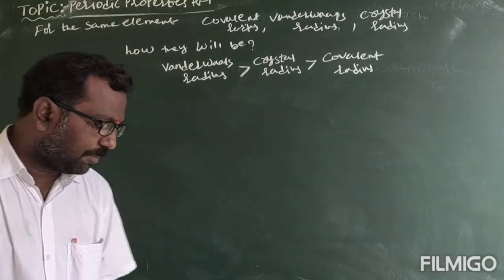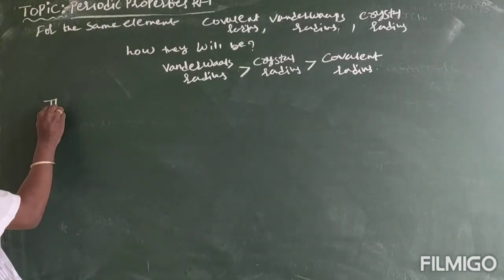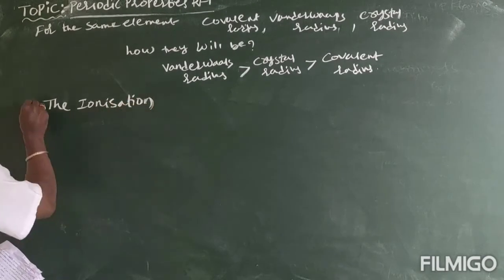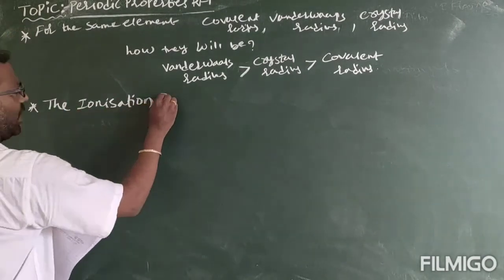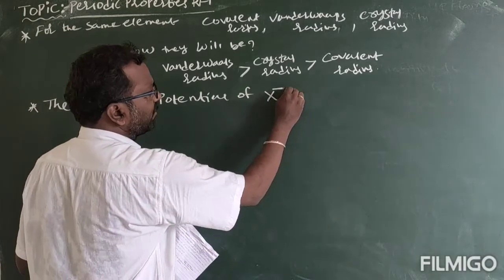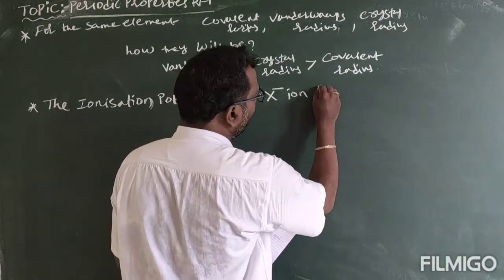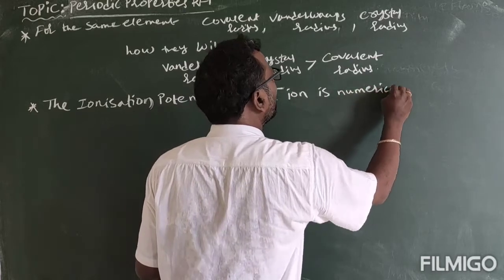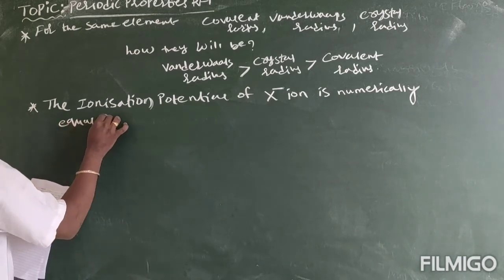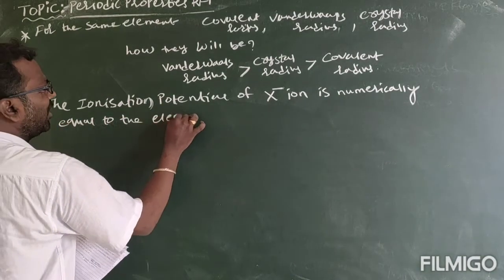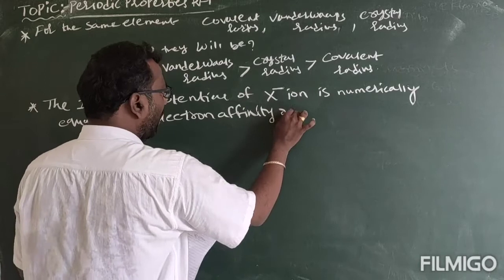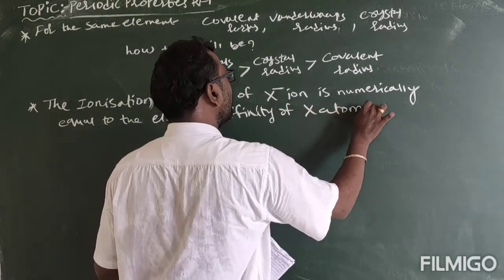And another point I had to discuss is the ionization potential. The ionization potential of ion X minus is numerically equal to the electron affinity of X atom.